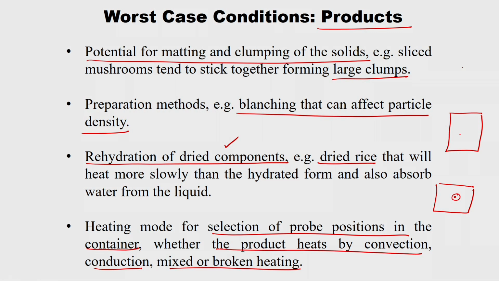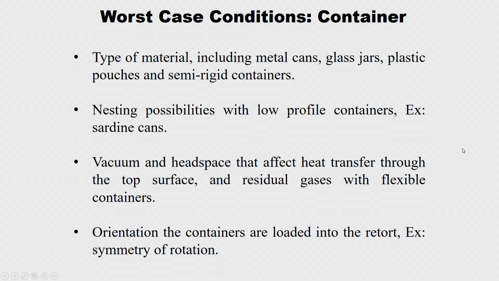This kind of circulation happens, so the slowest heating point would be the vertical center at the bottom. For pure conduction, you have the geometric center of the can. So you can create worst case conditions for this heating mode selection as well.